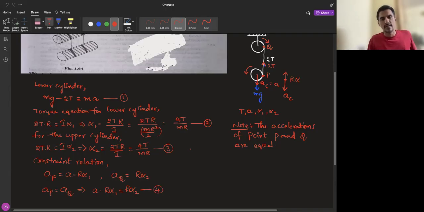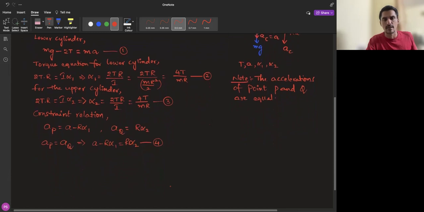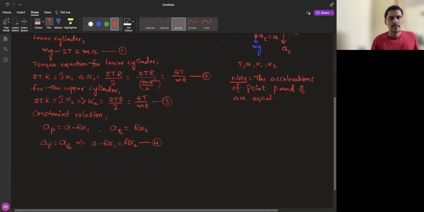So we have got this equation also, the fourth equation. So finally, what are we getting? 4 equations in order to solve 4 unknown variables. So let us substitute the alpha 1 and alpha 2 values from equation 2 and equation 3 in equation 4.